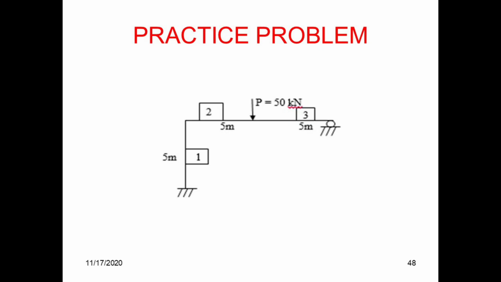You are given a similar structure but with a point load. So try to solve this structure also, but now choose a different redundant, maybe some other internal force or some external reaction may be chosen as the redundant.